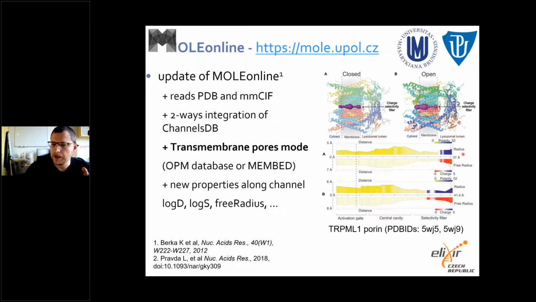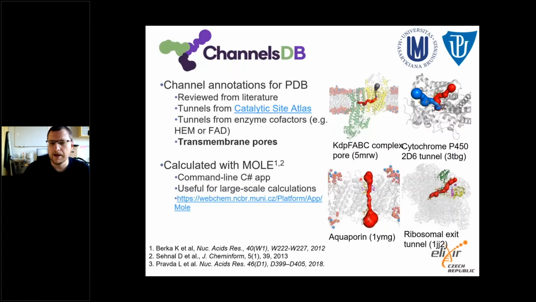And here on the right side, you can see the differences between the closed and open channels that quite nicely show where the charge selectivity filter is in this OmpF porin structure. The channel annotations are taken from the literature, or we automatically calculate them from catalytic sites and enzyme cofactors.